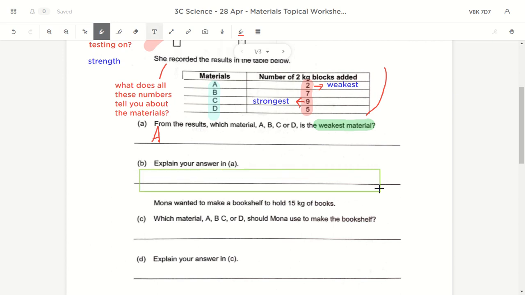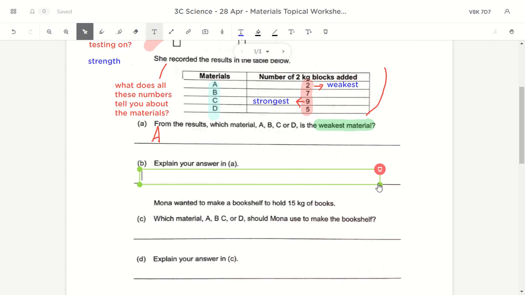Tell me the evidence first, or basically tell me what is shown in the table. A carried the least number of blocks before it broke.